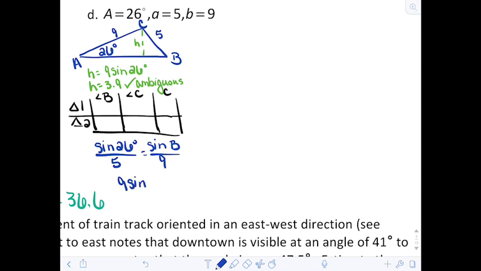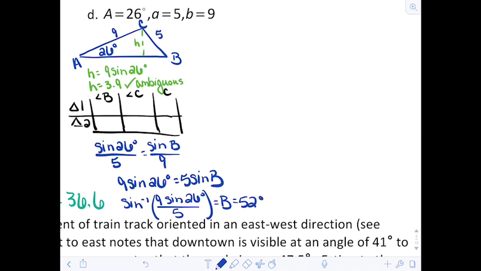So 9 times the sine of 26 degrees is equal to 5 times the sine of B. And hopefully now we're going to see that the sine inverse of B will be 9 times the sine of 26 divided by 5, and that's going to be angle B, and in this case we find it to be 52 degrees.